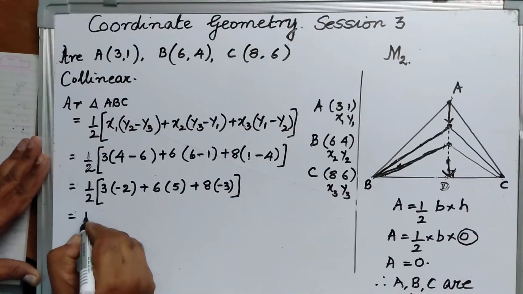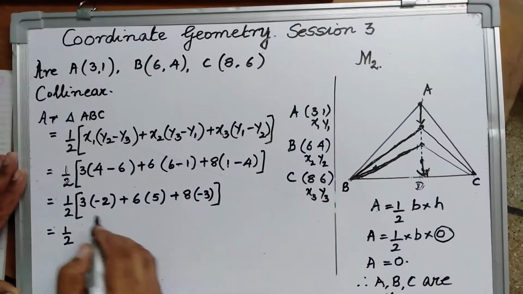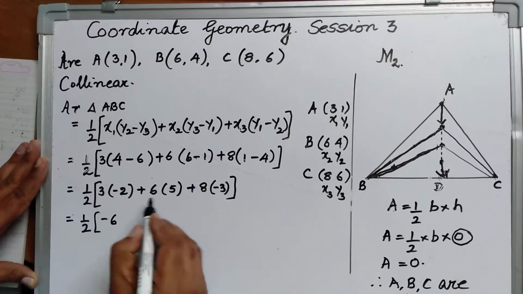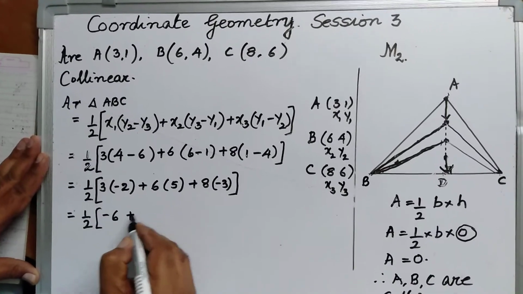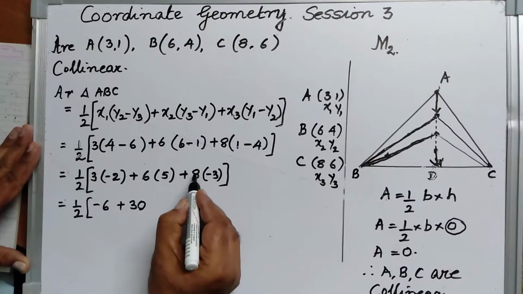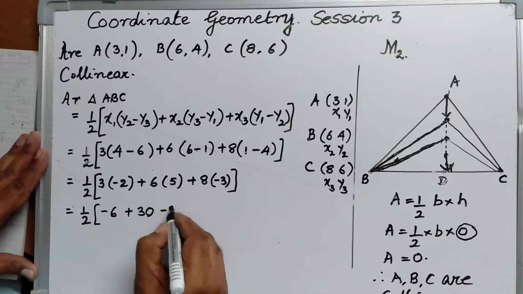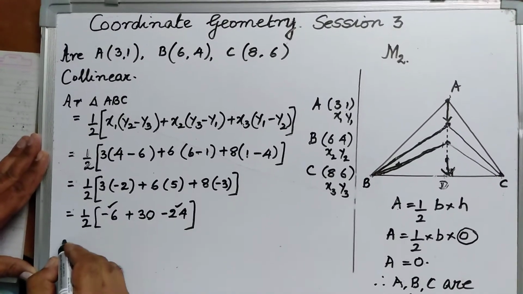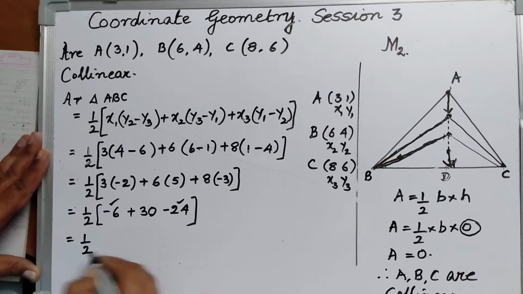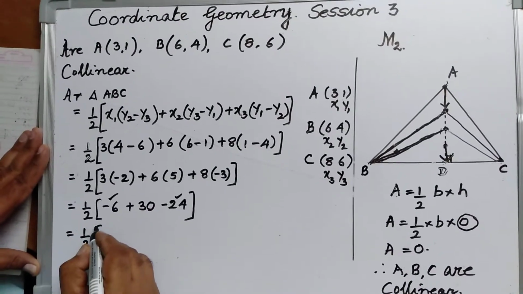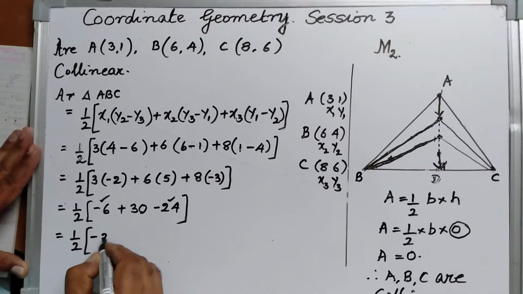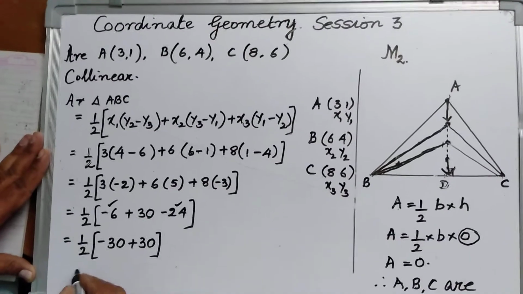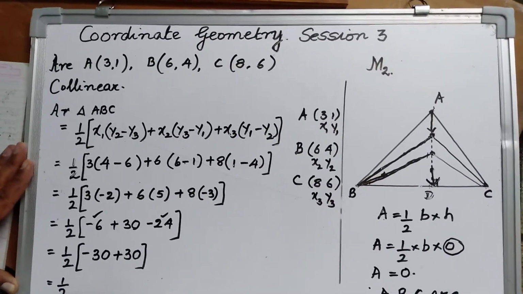So I'll get that equal to half into 3 into minus 2 will be minus 6. 6 into 5 will be 30. 8 into minus 3 is minus 24. If I combine the negative values, I will get minus 6 and minus 24 will be minus 30, and this plus 30, they mutually cancel and give you 0.